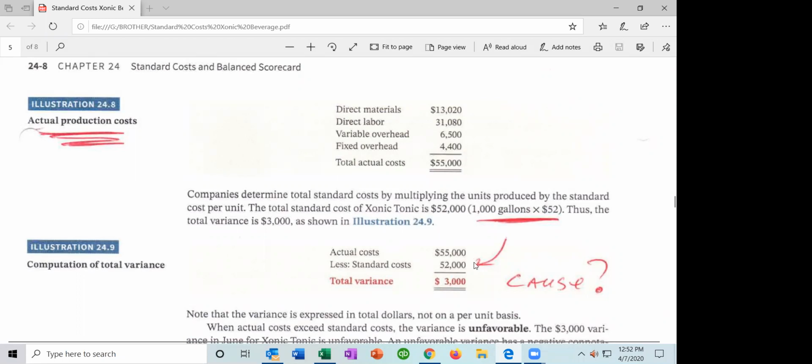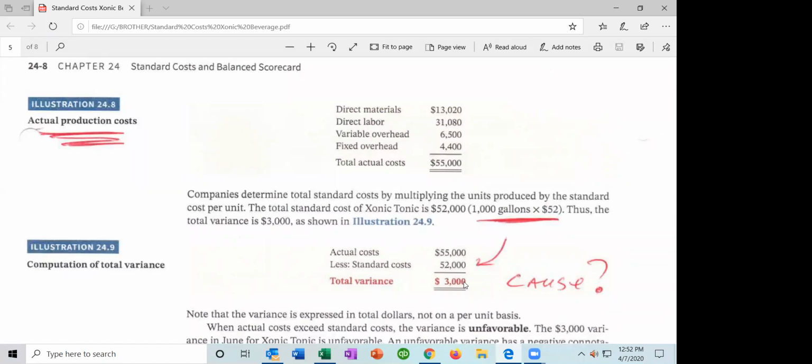Now, yes, this is a performance report. It's a very preliminary performance report, and all it tells us is they spent $3,000 more than they should have. I asked the question, what was the cause? Did they spend too much money on direct materials? Well, if they spent too much money on direct materials, did they spend too much per pound?